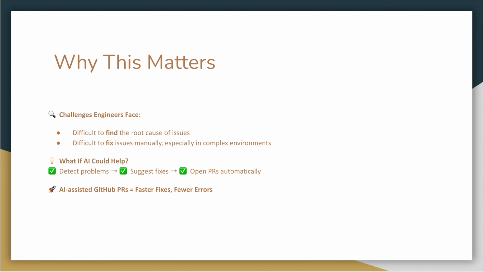I'm going to start with discussing why it's so critical for platform teams to start using AI tools in order to investigate the root cause of issues and automatically open PRs in order to solve them. So the first is, as cloud environments get more and more complex, it ends up getting more difficult to find the root cause of an issue.